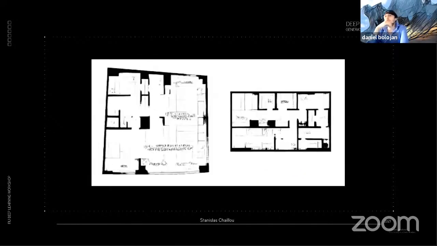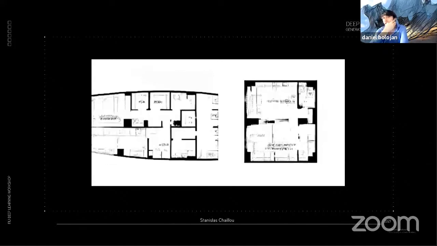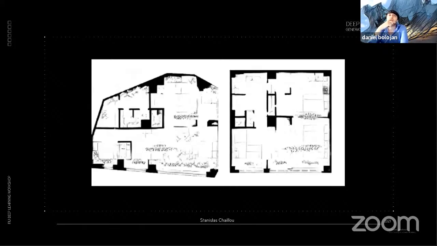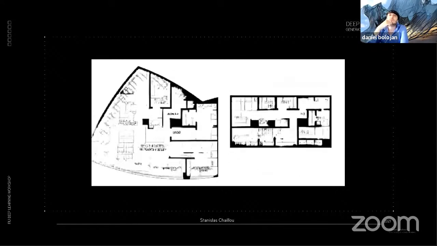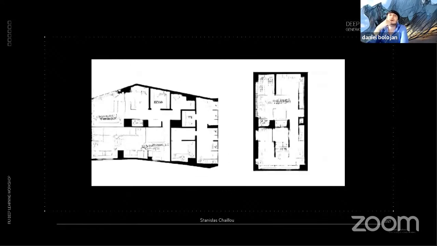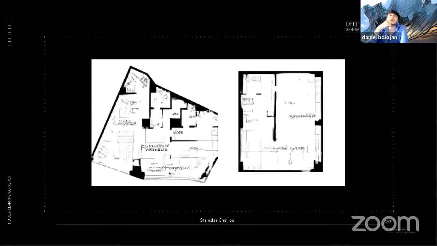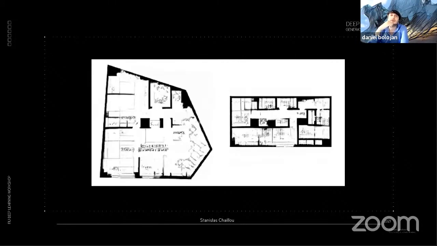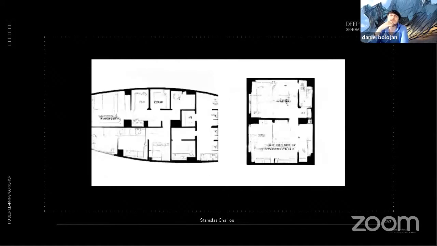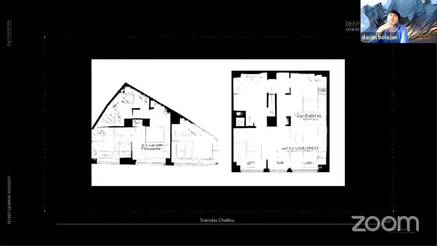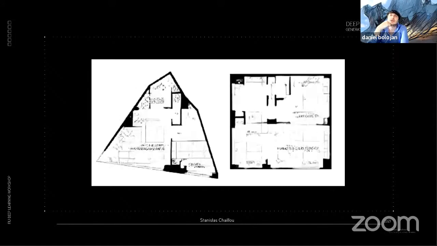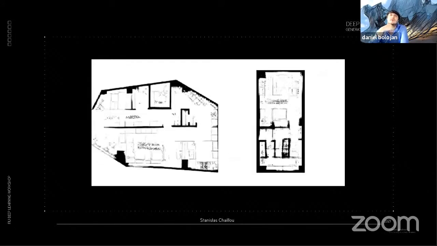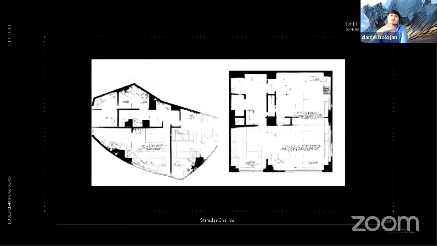So in this case, you have an example from Stanislas Chalo that was looking at the relation between building outline and its internal organization. And you might wonder how exactly this was trained, if this was a supervised or unsupervised learning. Was the network able to learn by itself all this information, or did it need some assistance from a human agent?